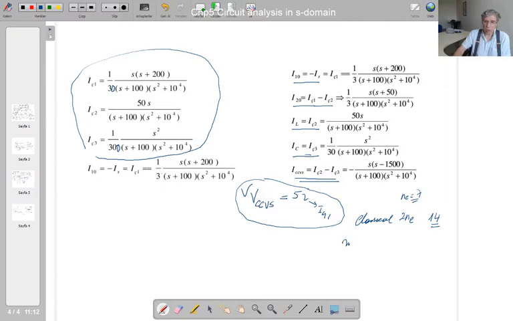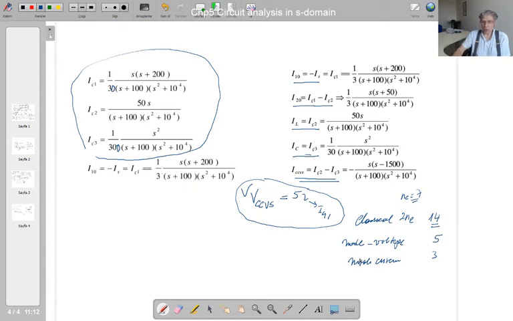In the node voltage method, we wrote 5 equations and 5 unknowns. In the mesh current method, we use only 3 equations. We did not need to write any supplementary equation here, but in the node voltage method, we need to write 2 supplementary equations.